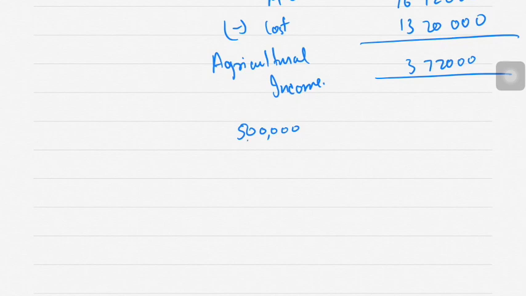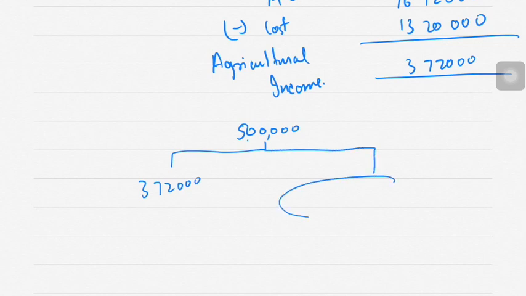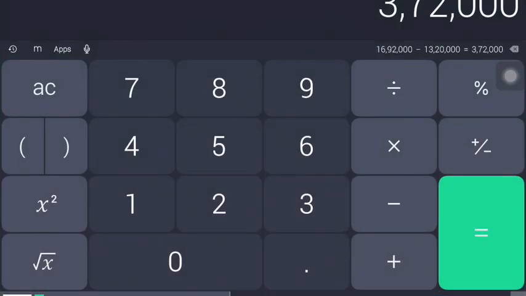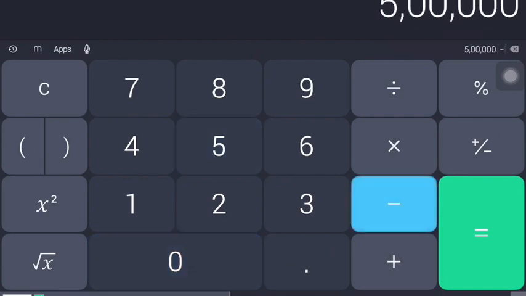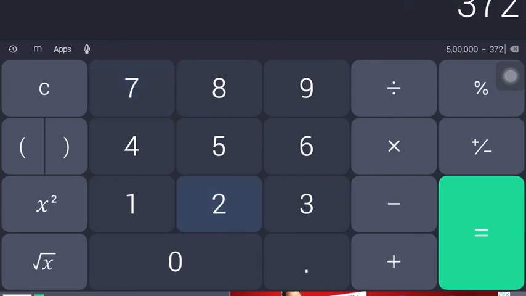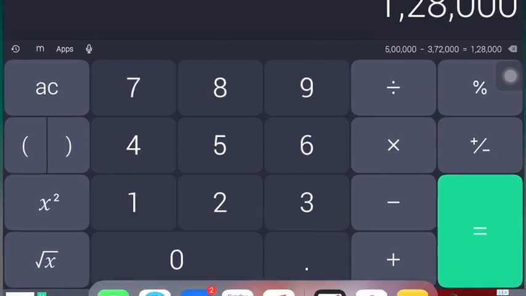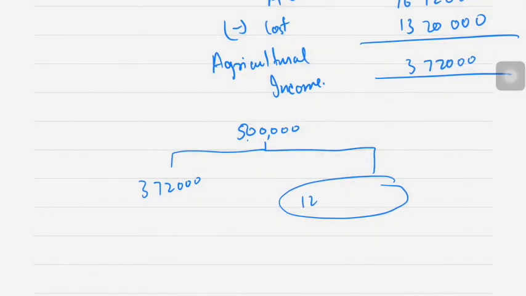Out of this profit 5 lakh, 3,72,000 is agricultural income. Okay, out of this 5 lakh, 3,72,000 is agricultural income, that means the remaining amount is non-agricultural income. So 5 lakh minus 3 lakh 72,000, which is 1,28,000.